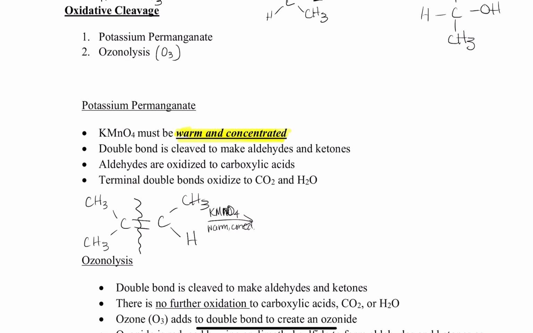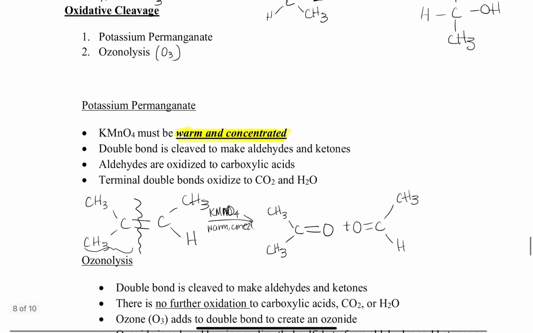And so for the left side of our double bond, we have CH3C, CH3, and then for the right side of our double bond, we just have a methyl group and a hydrogen coming off our carbonyl group. So on the left side, we have a ketone.